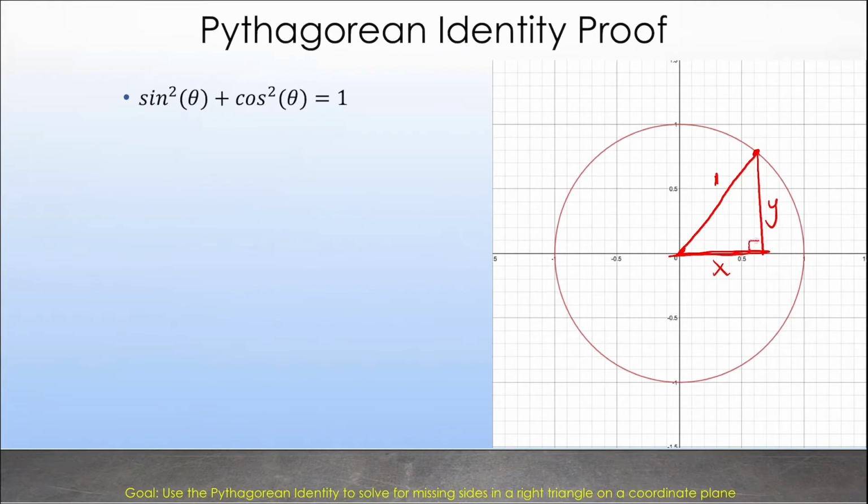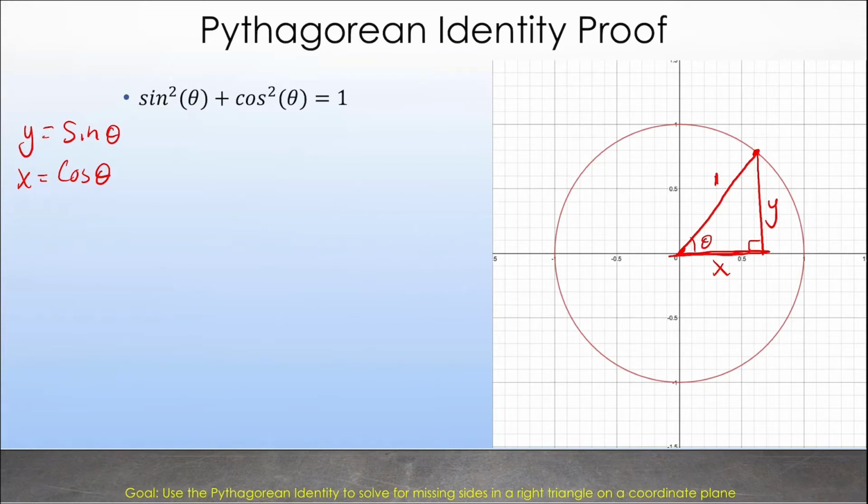If we're doing sine and cosine, sine would be y over 1. So we can say y is equal to sine of the angle, which we'll call theta, so y equals sine theta. Same thing for x. x is the adjacent side over the hypotenuse, so x equals the cosine of theta.